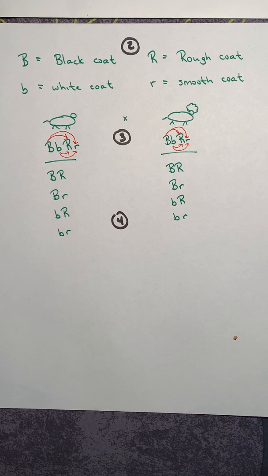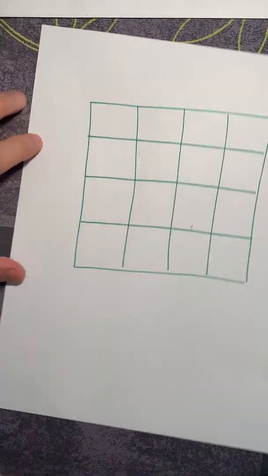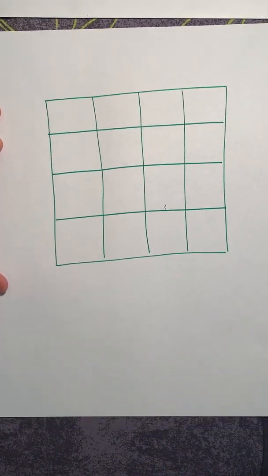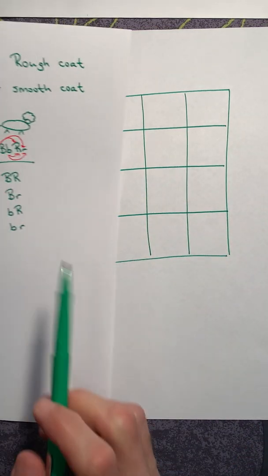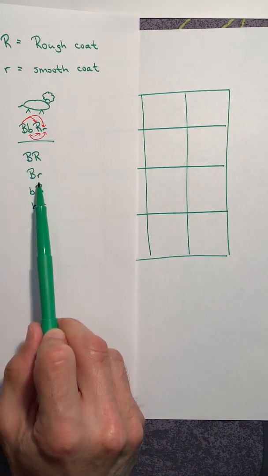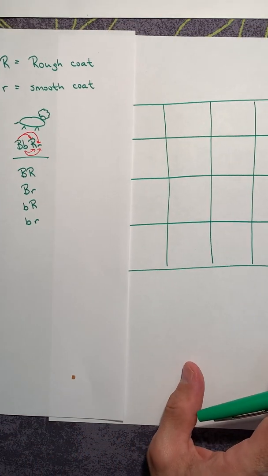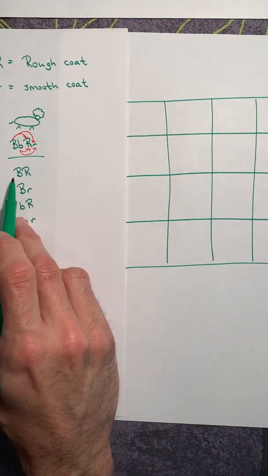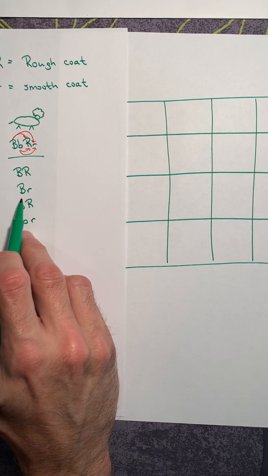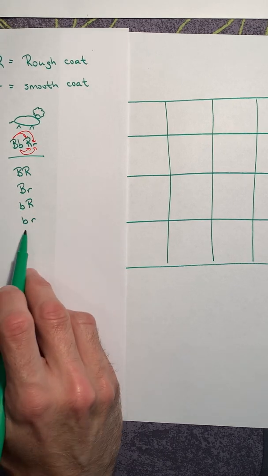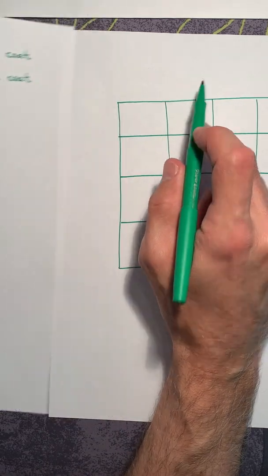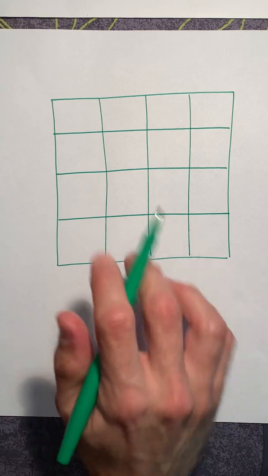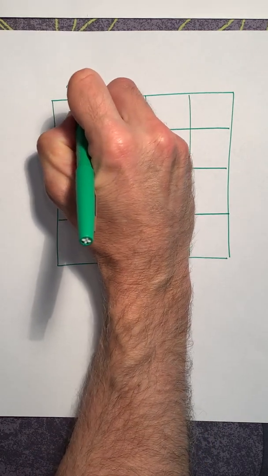Okay, so now that we know what the parents are offering, it's time to draw the Punnett square. Here's the cool part. It's a 4x4, okay? And you say, well, it's a 4x4. Yes. See these 4 combinations that the female offers? We're going to put her big B, big R, big B, little r, little b, big R, and little b, little r right across the top here.